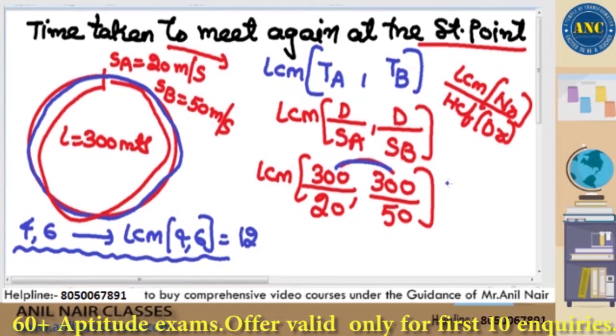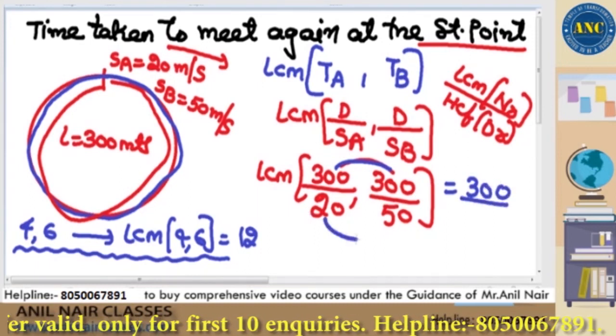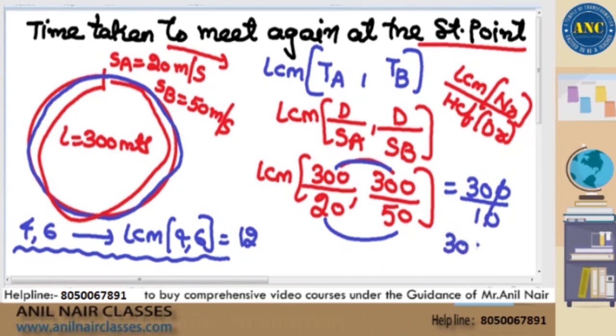LCM of 300 is 300, HCF of denominator 20, 50 is 10. So the answer for this question is 30 seconds. After 30 seconds, both A and B will meet again at the starting point.